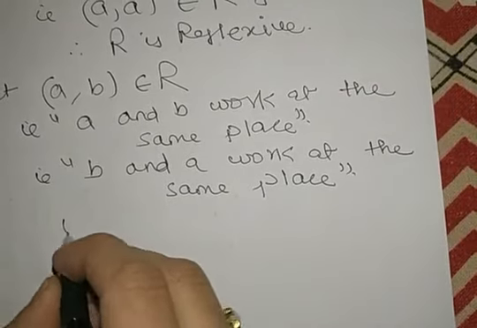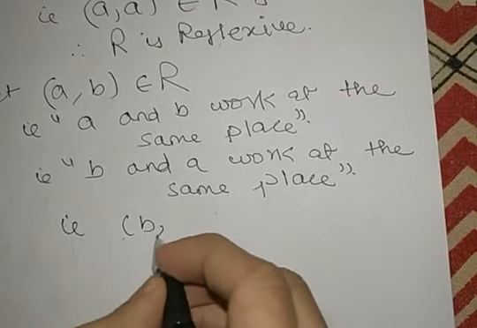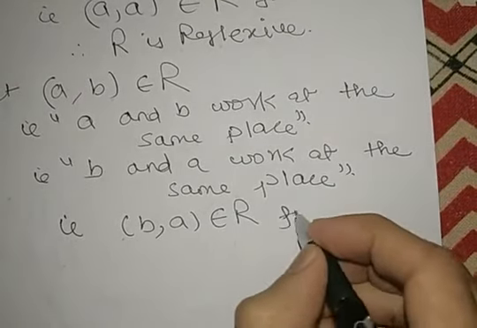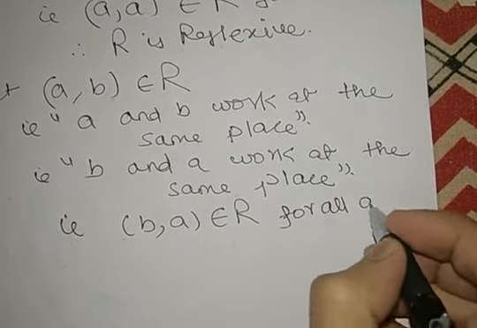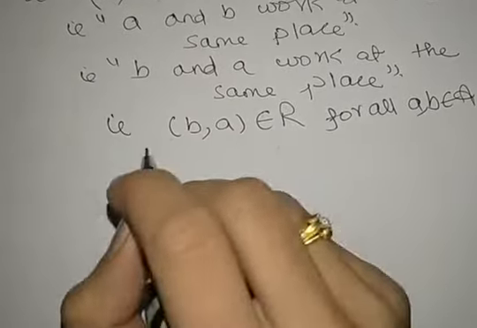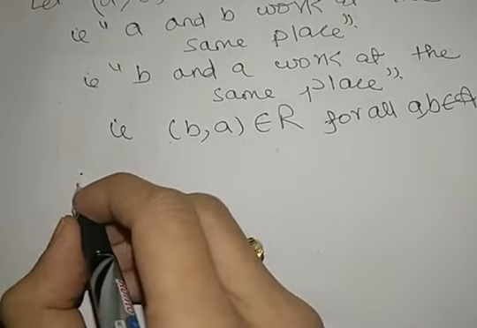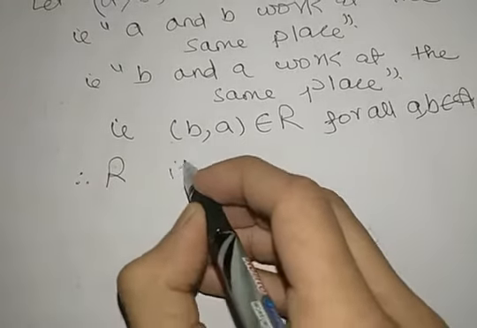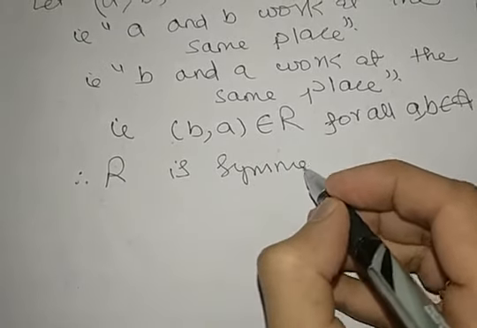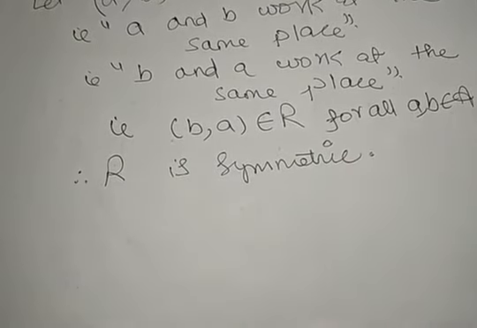So that is (b, a) belongs to R, and this is for all a, b belonging to the set A. Therefore R is symmetric.